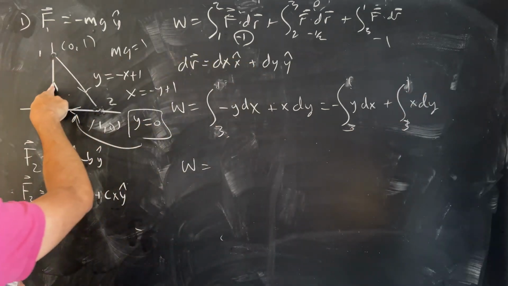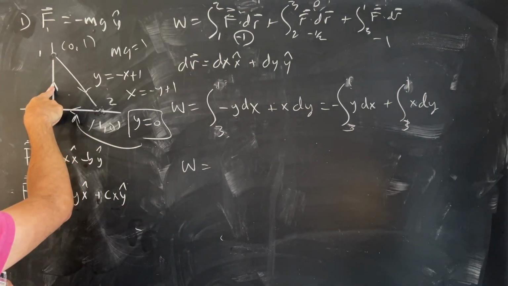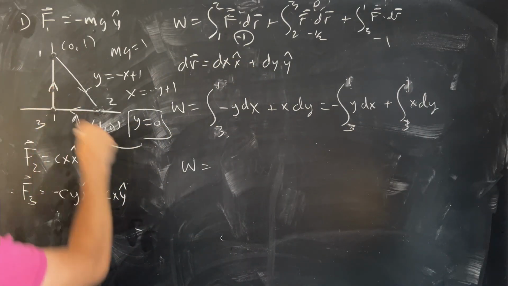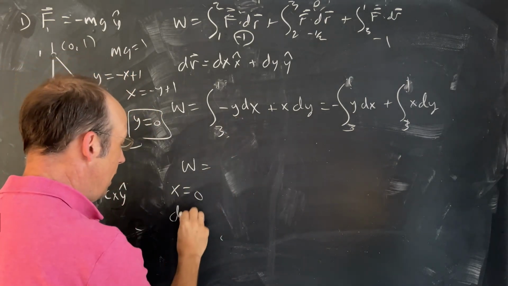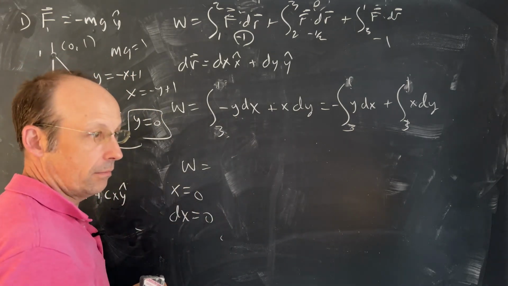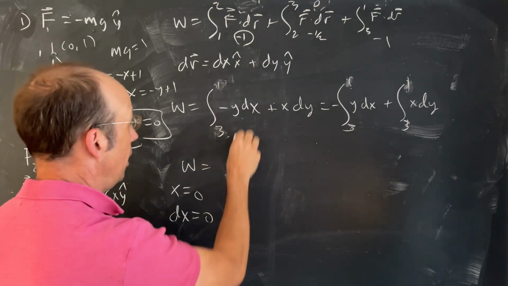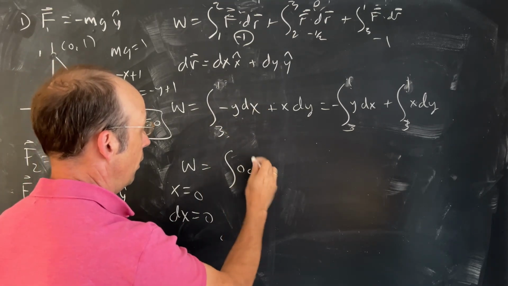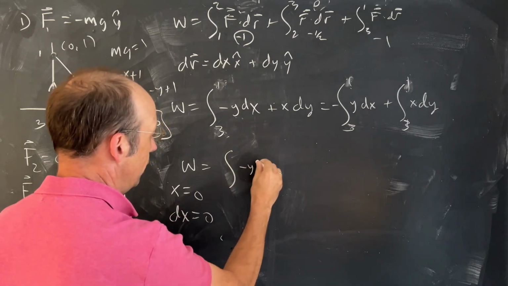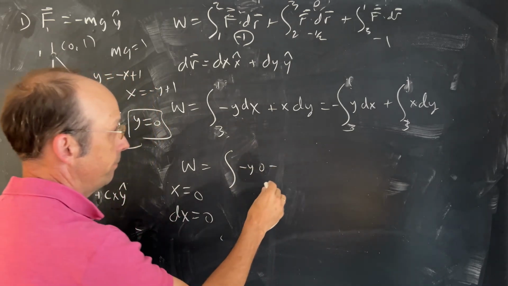Over here, what's my equation? My equation is x equals 0. That's the equation of that line, x equals 0. So if I go over here, dx is going to be equal to 0, if x is equal to 0. So my dx is 0, so I get the integral of 0 dx. I get negative y times 0. So that's 0.